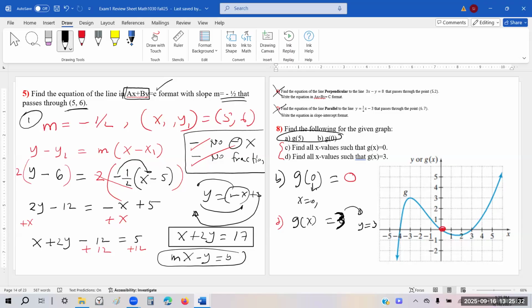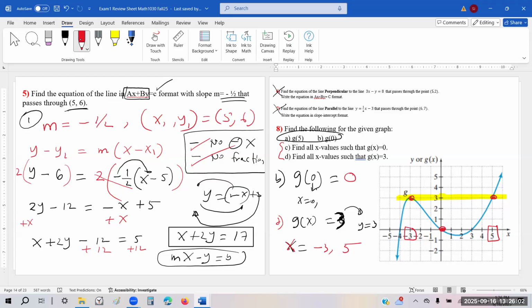When y is 3, what x values do you see? When y is 3, not 1, right? What is the x value when y is 3? Here is one of them, -3. And here is another one of them, which is 5.